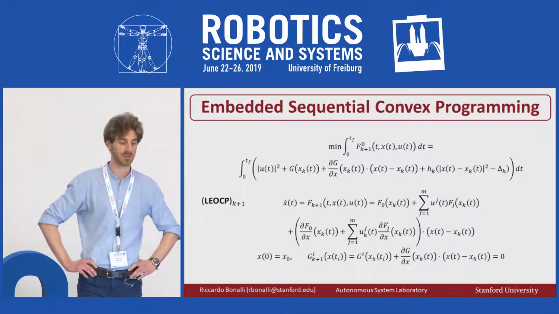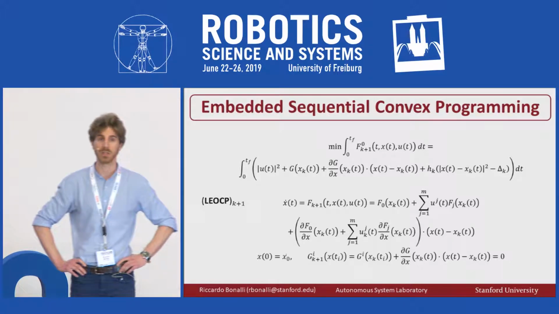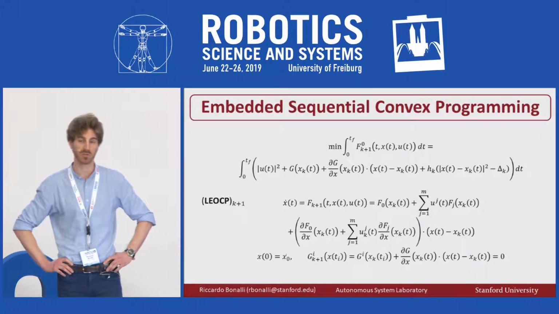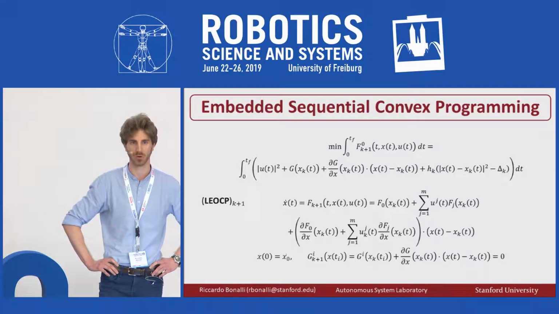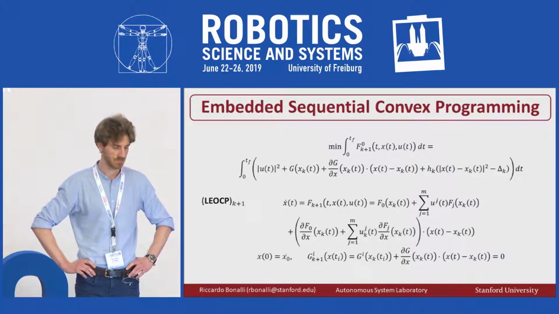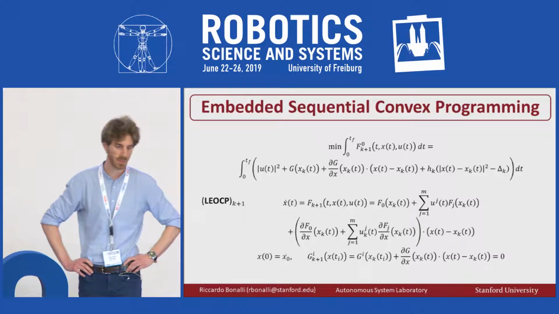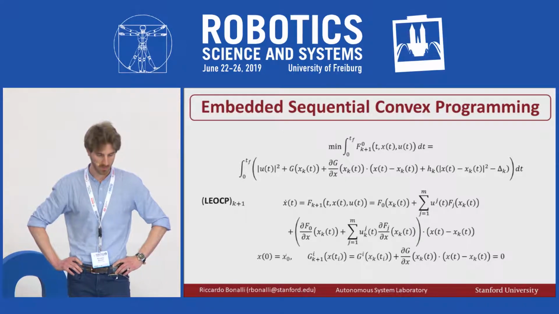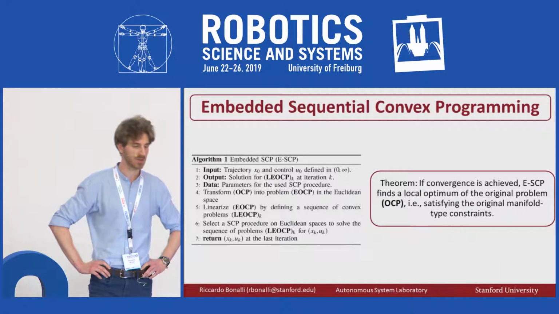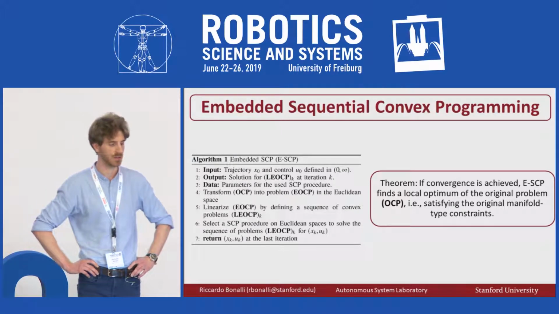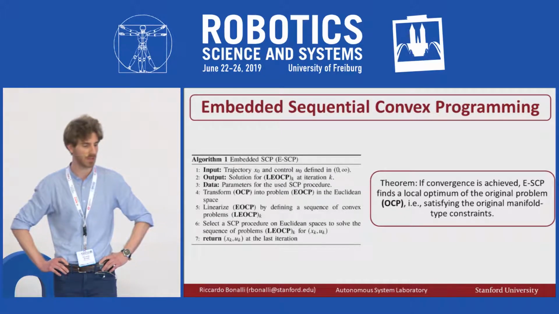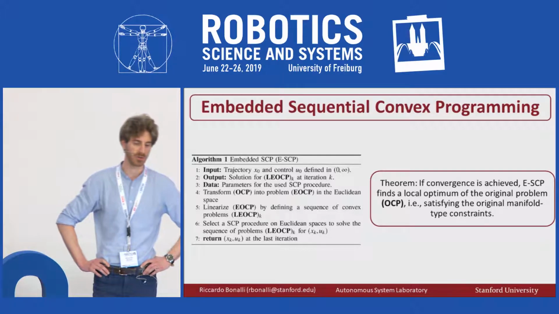And as is common use, we add some trust region type constraint to robustify the whole procedure. All these steps can be summarized in the following algorithm called embedded sequential convex programming.